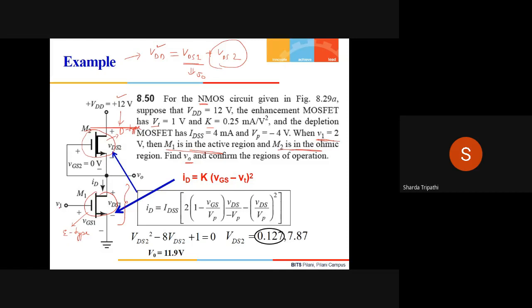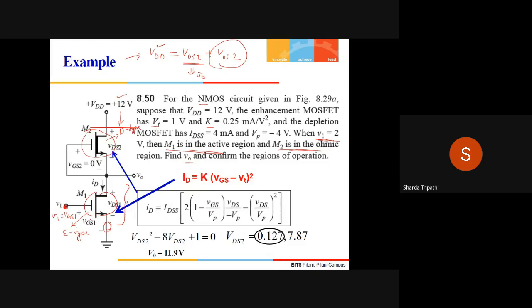V1 is applied over here, and because there is no source resistance and this terminal is grounded, V1 is equal to VGS1. So we have the value of VGS1.